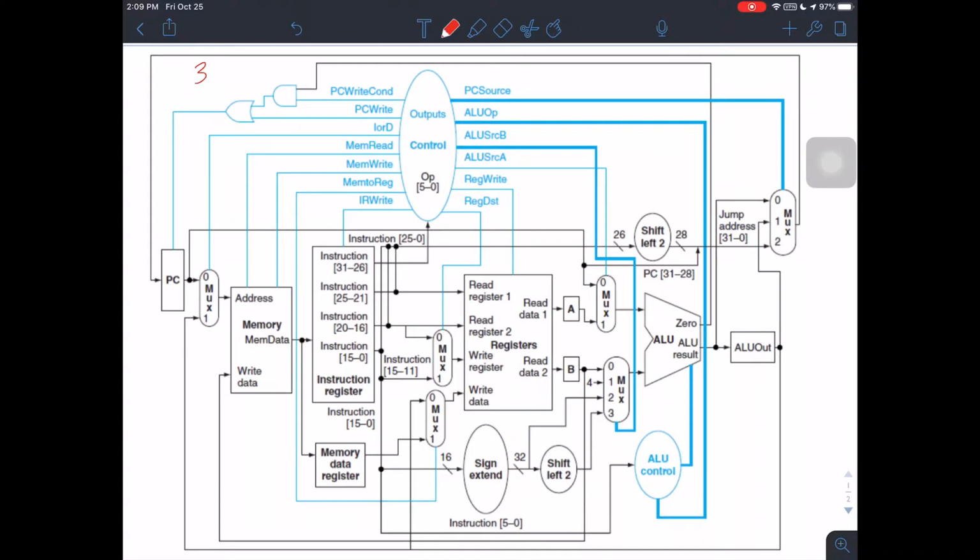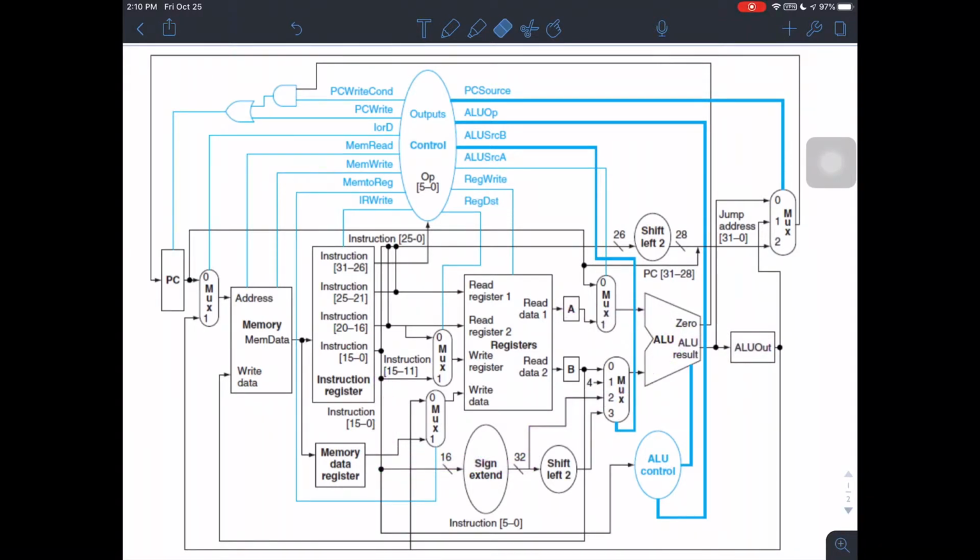The data from the register A is sent to the ALU, as well as the non-shifted sign extended immediate offset, so that the ALU can calculate the address of the data, and the address will be stored at the ALU out register.